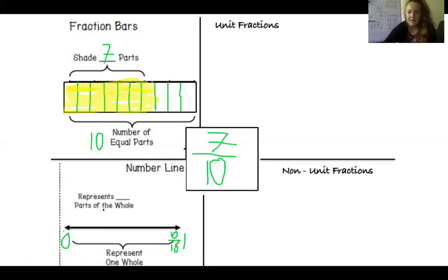Can you help me count from 0 in tenths? Ready? 0, 1 tenth, 2 tenths, 3 tenths, 4 tenths, 5 tenths, 6 tenths, 7 tenths, 8 tenths, 9 tenths, 10 tenths. Perfect.